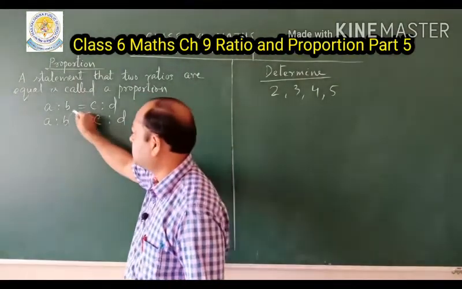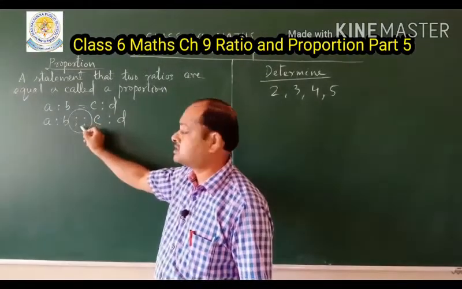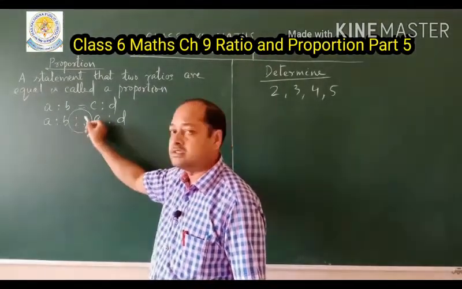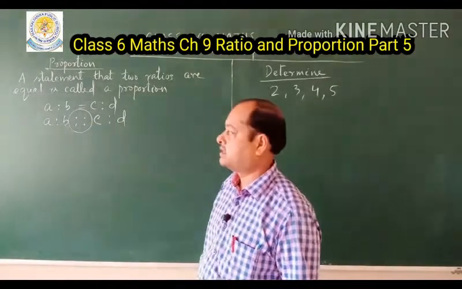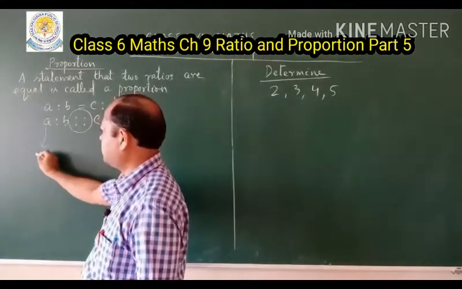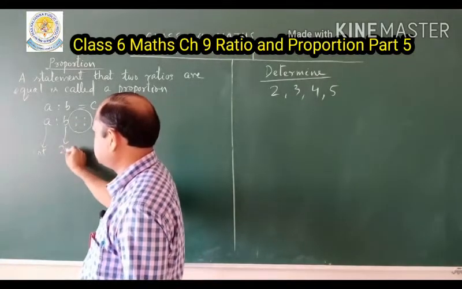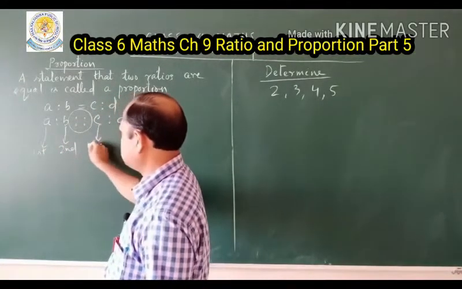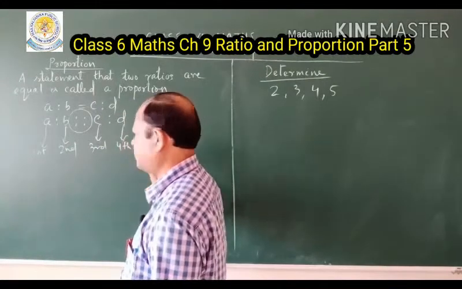What is the symbol behind this proportion? This one is the double colon. So this is the proportion symbol. Two colon symbol or two ratio symbol is called the proportion. Okay, so here A is called the first term and B is called the second term, C is called the third term and D is called the fourth term.